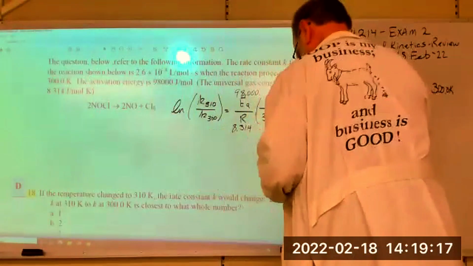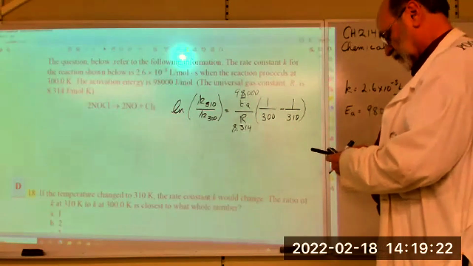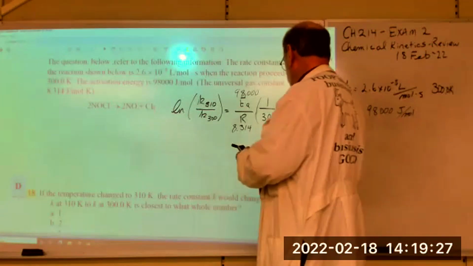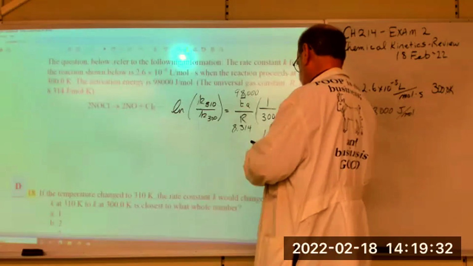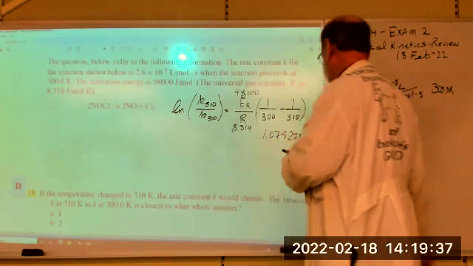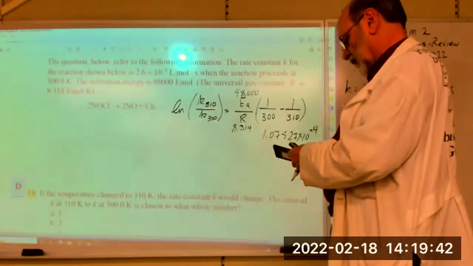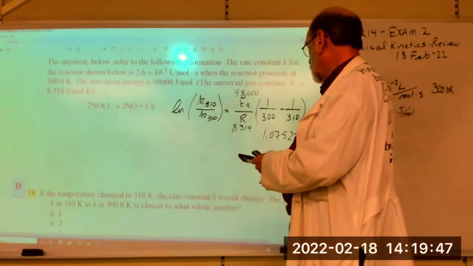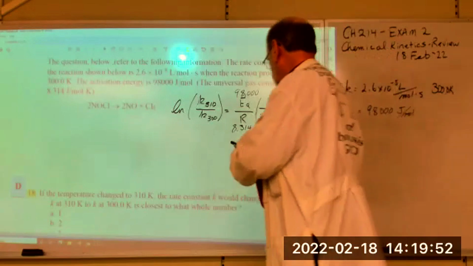So what's the inverse of 300 minus the inverse of 310? And that's 1.07527 times 10 to the minus 4. And then this one would be divided by 8.314 times 98,000.